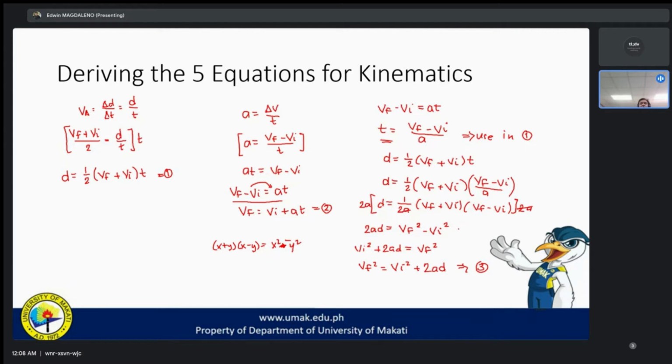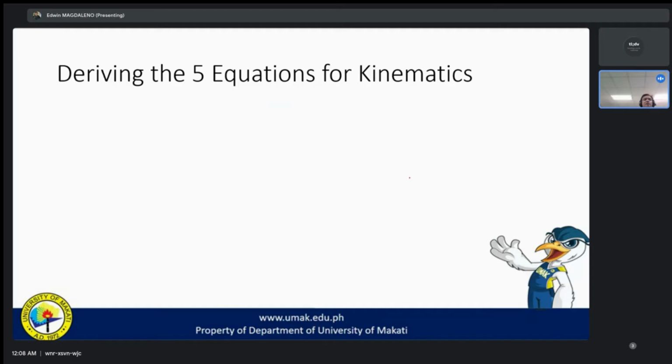And for the last two equations, we will utilize equation number 2 and use it once again in equation number 1. Okay, so let's have equation number 2.